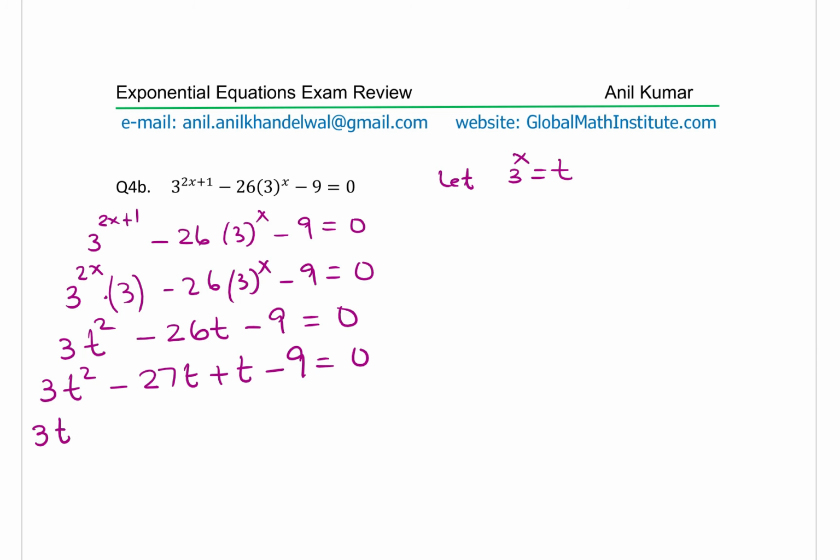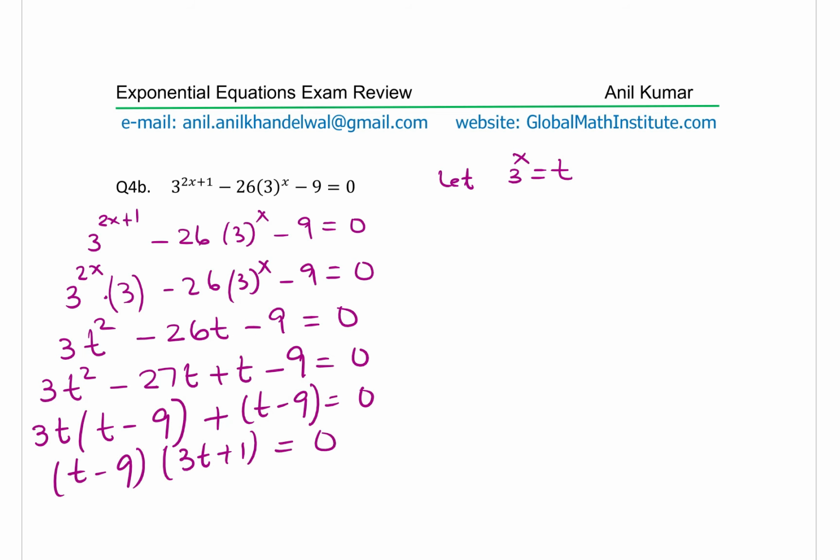Taking 3t common, we get 3t(t minus 9). Here we already have t minus 9. Taking t minus 9 as a common factor, we get (t minus 9)(3t plus 1) equals to 0. And that means t could be either 9 or t could be minus 1 over 3. So we have two values of t.